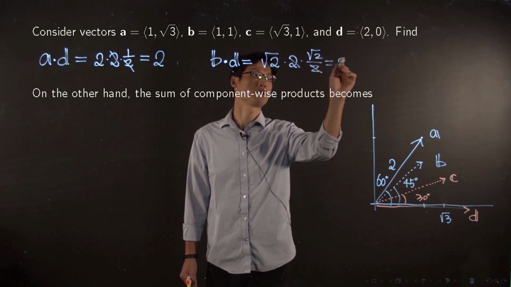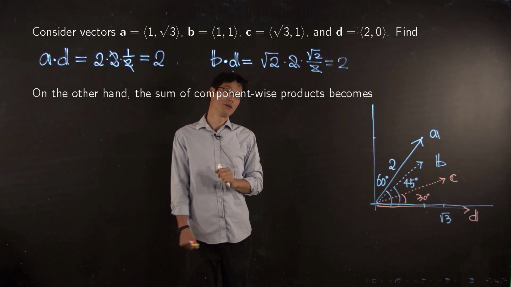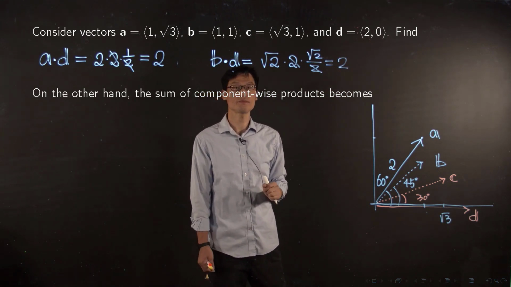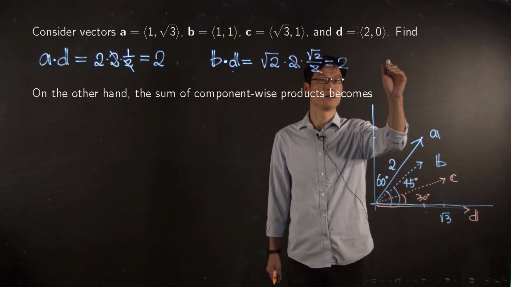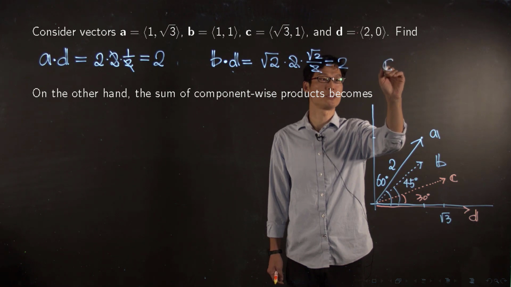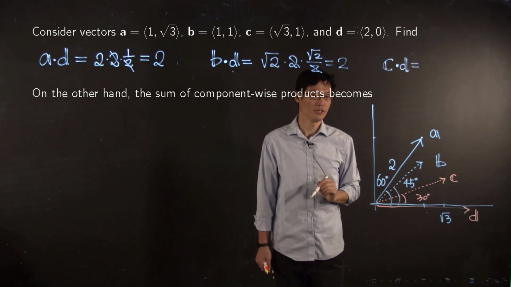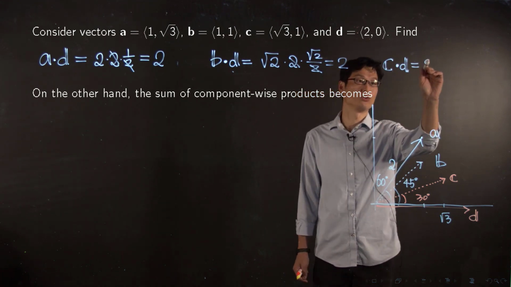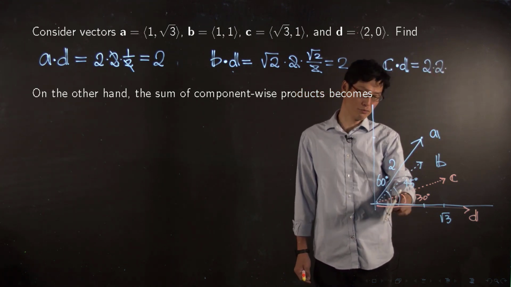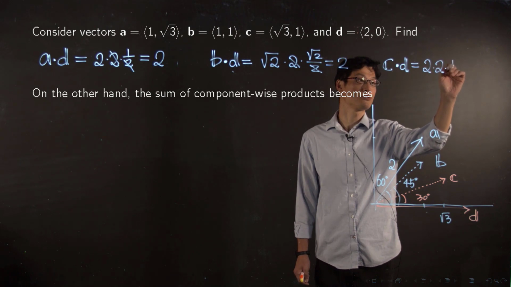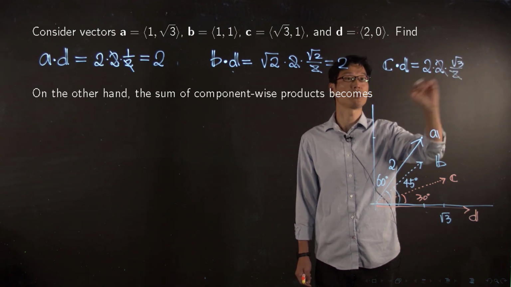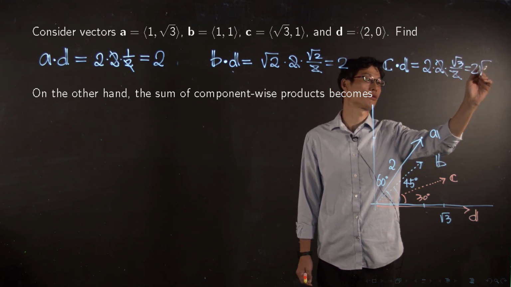After canceling and simplifying, we have the dot product. And then the dot product between C and D. Vector C has magnitude 2, and the angle between them is 30, cosine is square root 3 over 2. After canceling, this is 2 square root 3.